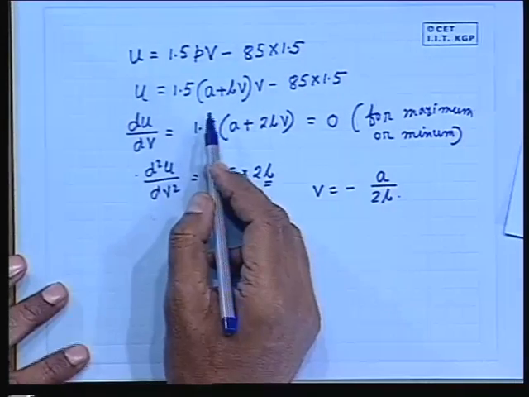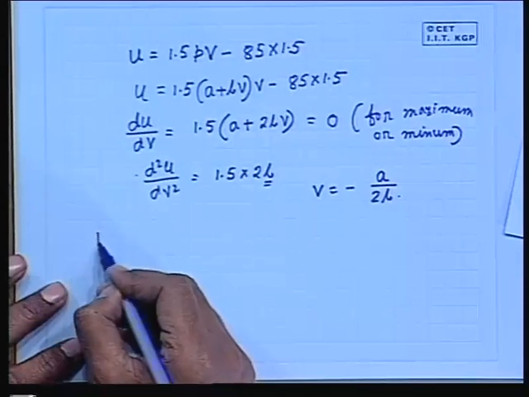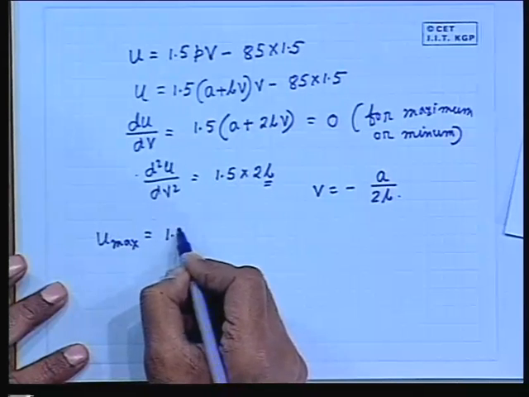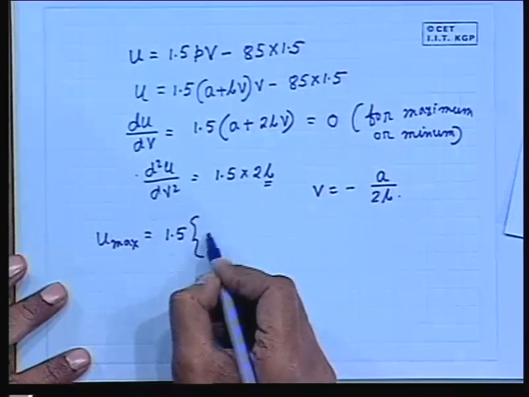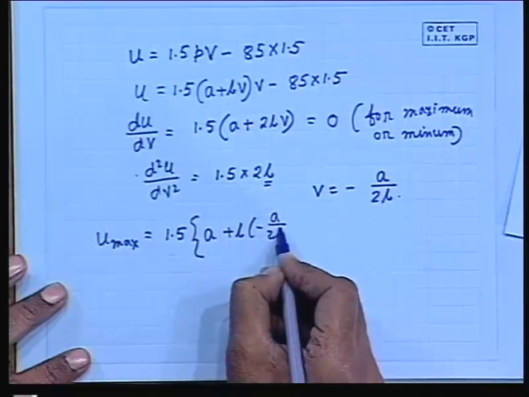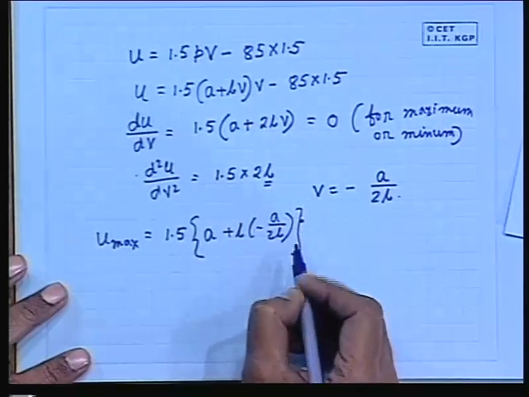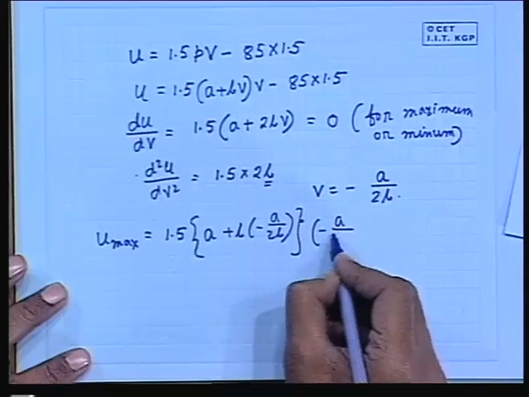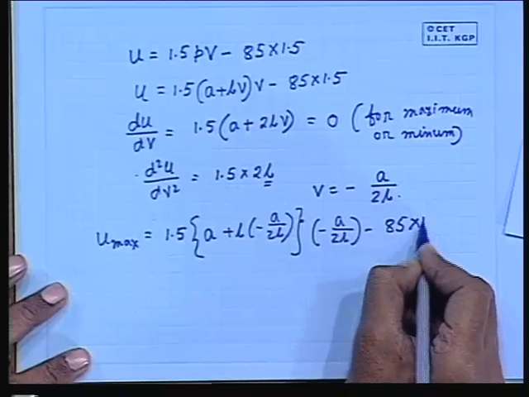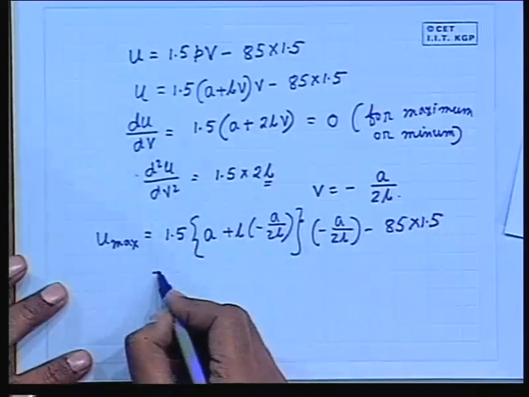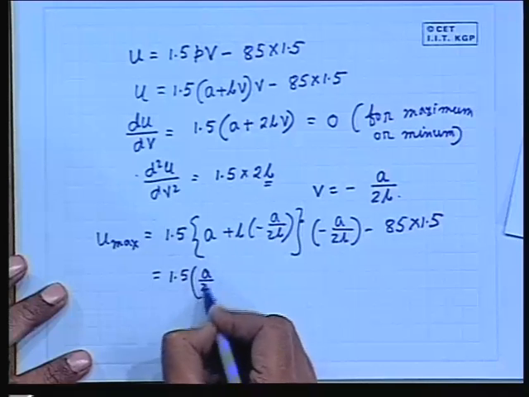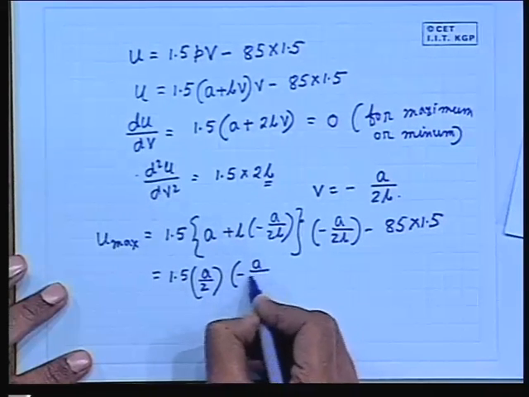So therefore, the maximum internal energy will be found out. U max is equal to 1.5 into A plus B, school level thing, please, again V, minus A by 2B, minus 85 into 1.5. Put the values. So this you can simplify into A by 2 minus A by 2B.